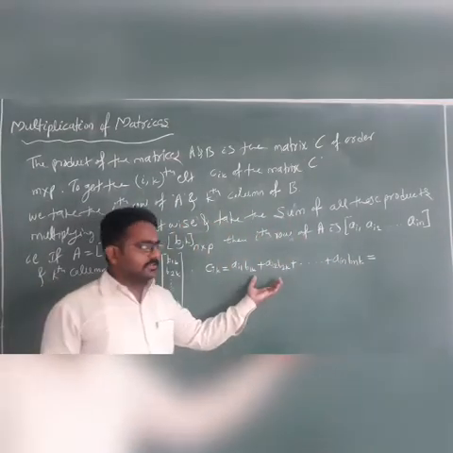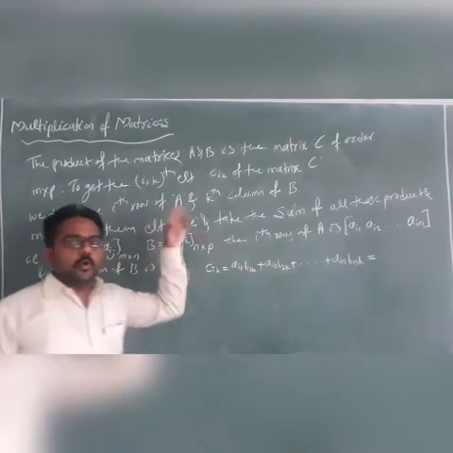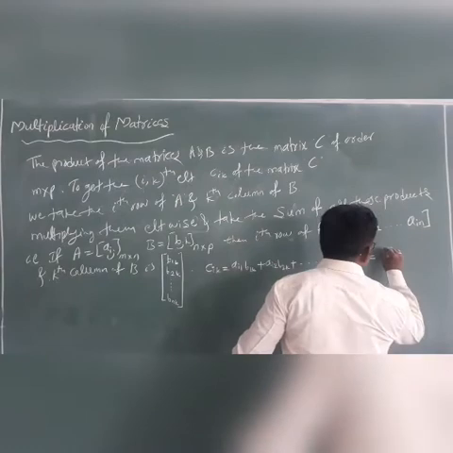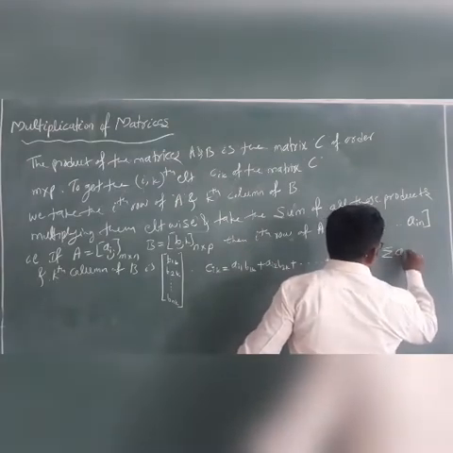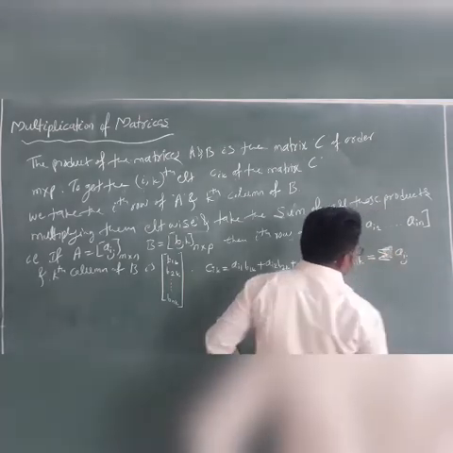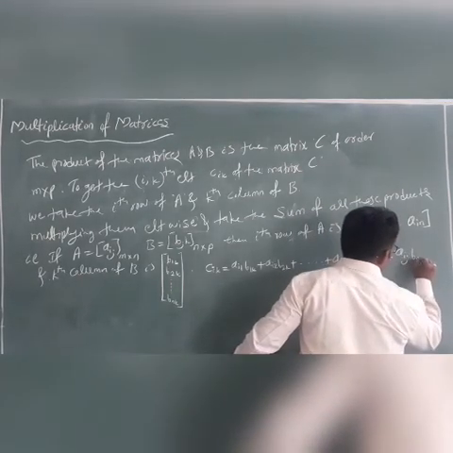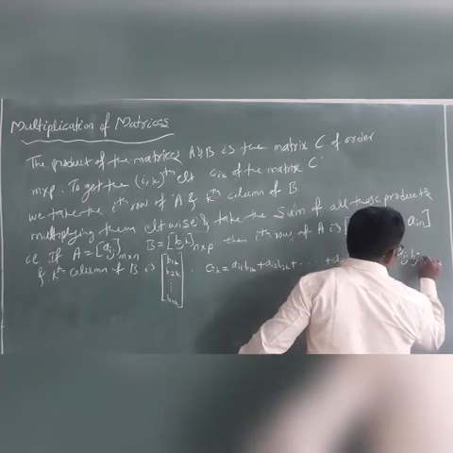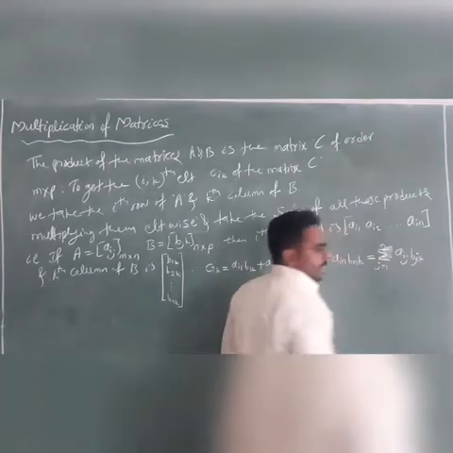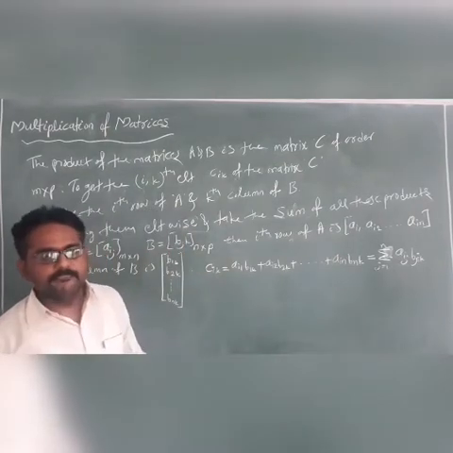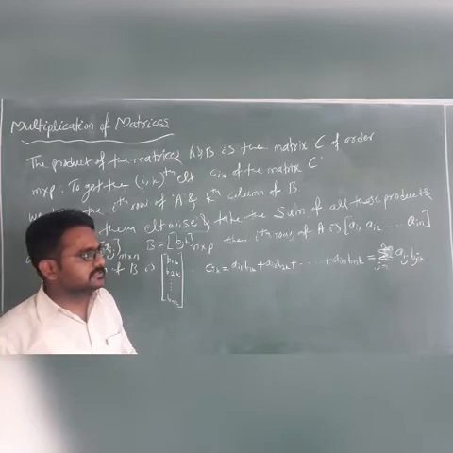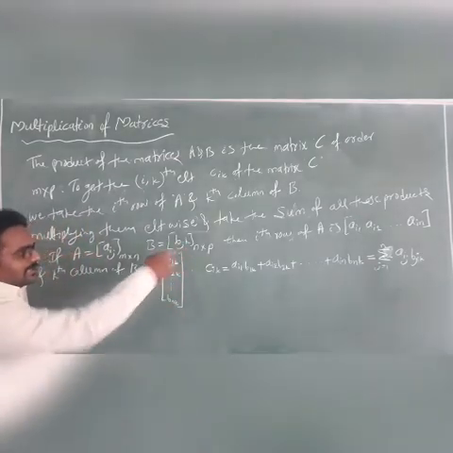This is the actual product form of the two matrices. That equals the summation of Aij Bjk, j running from 1 to n. This is the product, that is the matrix C.